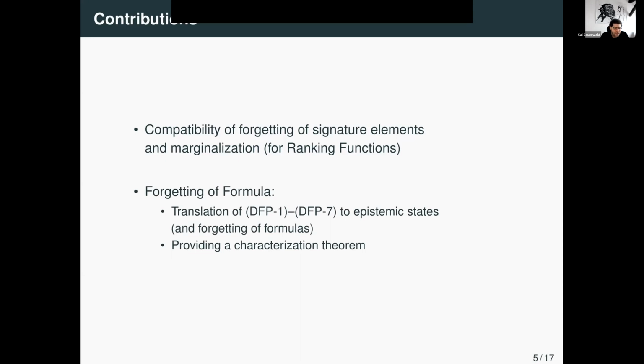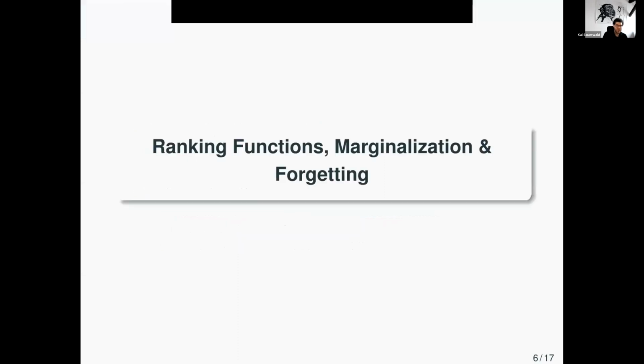The other thing is we looked at the postulates by Del Grandi and proposed to lift them to the setting of belief change, and so bring this style of forgetting of signature elements into the framework of forgetting of formulas. And this will be presented by me afterwards, after the next talk.